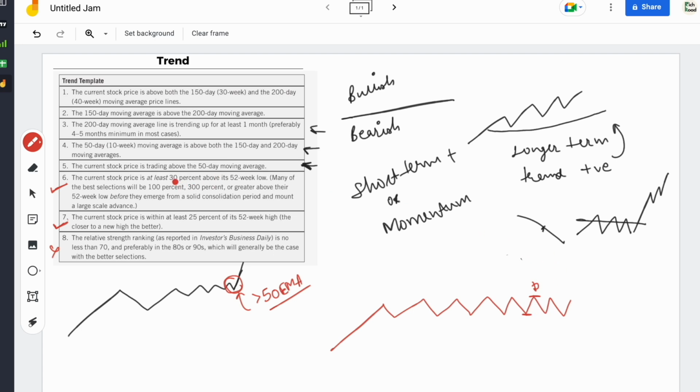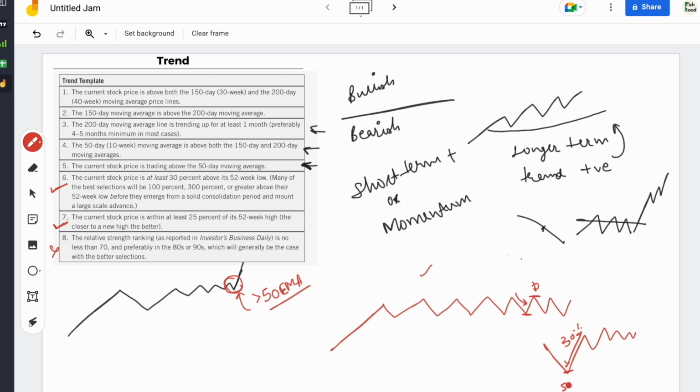When he says that it should be at least 30% above its 52-week low, he basically says that in the range that you are in, you should have some prior buying force when you are consolidating. Because in the range, if you don't have this move, then how do you know that there are buyers with you in the range? So in the range, if let's say you are consolidating like this, it will be a 30%.